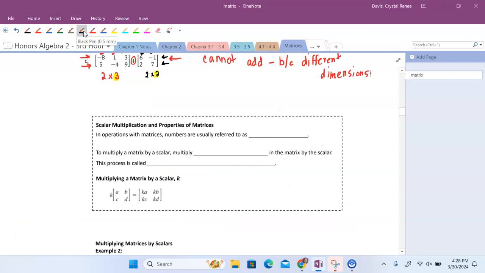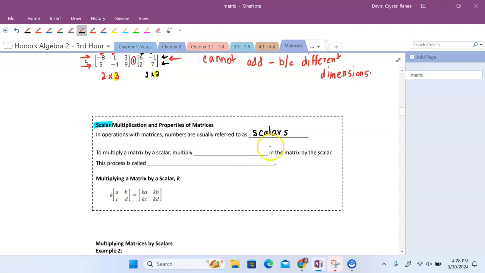All right, if we go on in our notes, we have this clause that talks a little bit about scalar multiplication or scalars. So in operations with matrices, numbers are referred to as scalars. Okay, this gets a little more technical when you get into linear algebra, but for now, just think of scalars as a number.